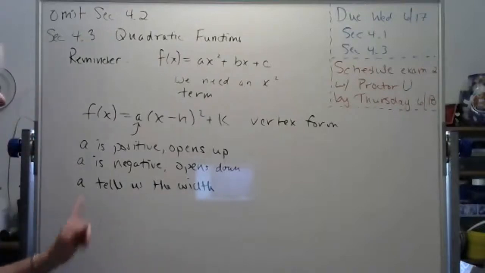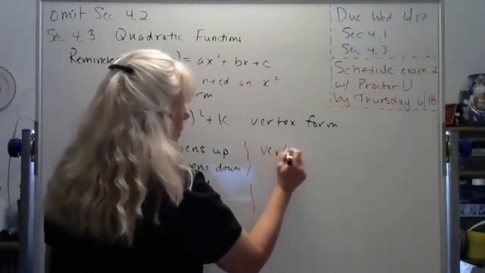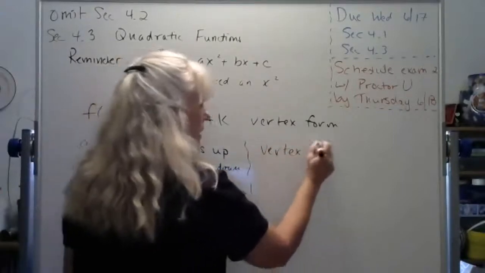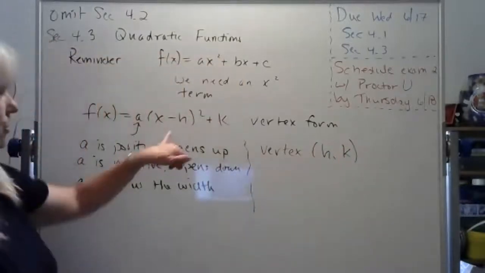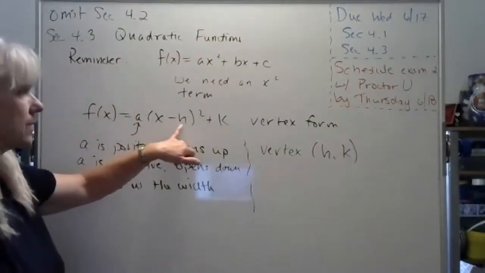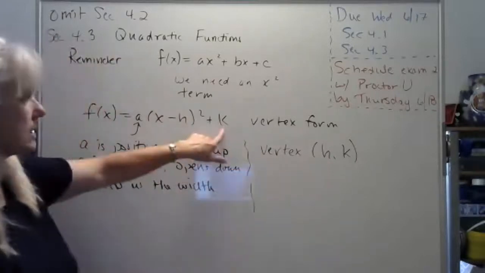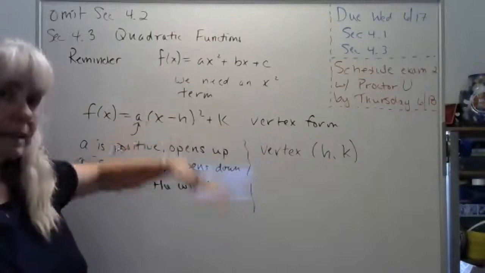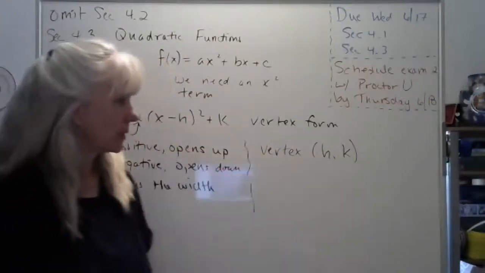The other thing we know from this form is that the vertex is at (h, k). Remember that if it's on the inside and it's negative, you would move to the right, which is why that's a positive h. The k that's afterwards is moving it up or down. In this case, because I wrote a plus k, that is moving it up.